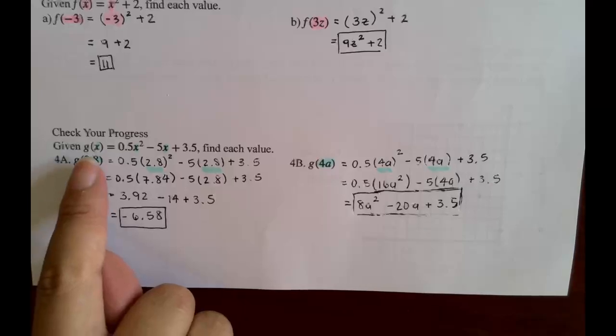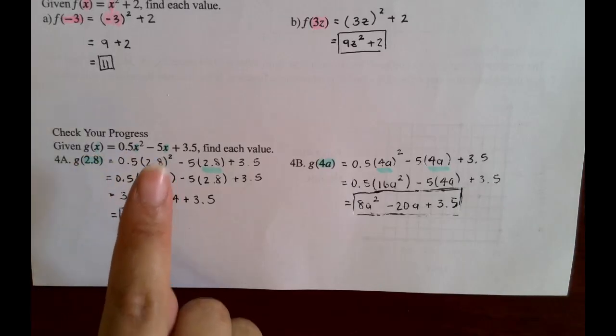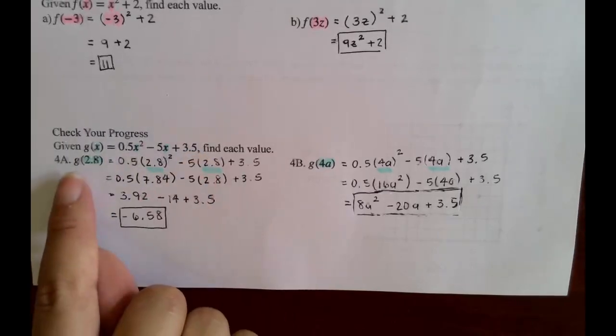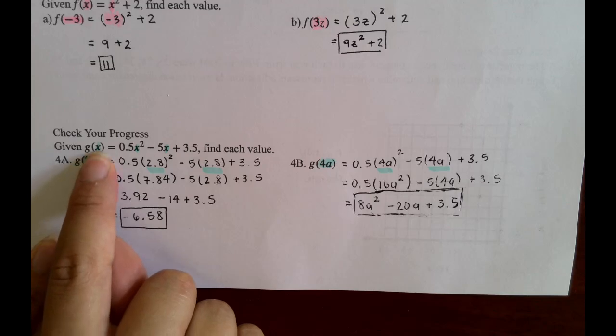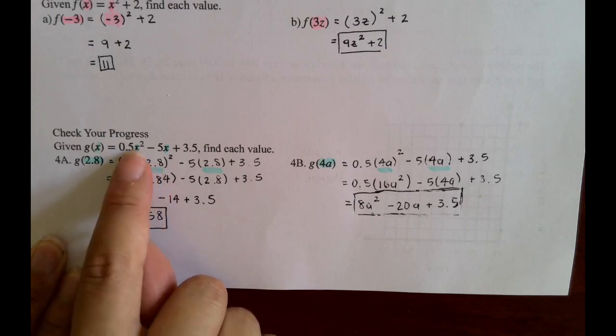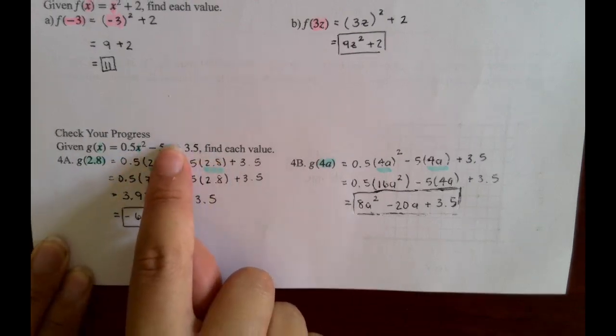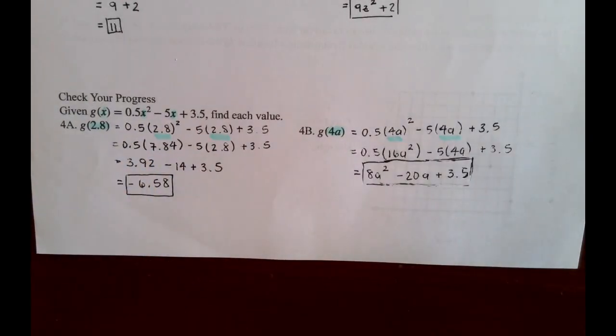Right? So here we're told that g of x is 0.5x squared minus 5x plus 3.5. Here with g of 2.8, all that happened is that the x got substituted with a 2.8. So then I'm just going to continue substituting the 2.8 for x. Then all I'm going to do after that is order of operations.